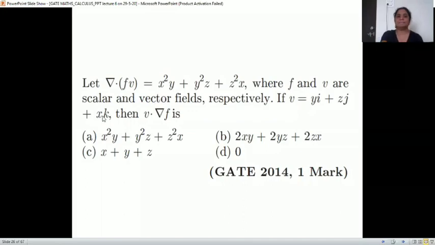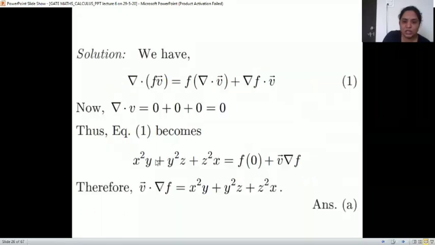So what is your answer? That is simply del dot f v bar. Whatever is del dot f v bar minus f into del dot v bar, that term is 0, right? So only the remaining part is del dot f v bar, that is x square y plus y square z plus z square x. A is the correct answer, I think.